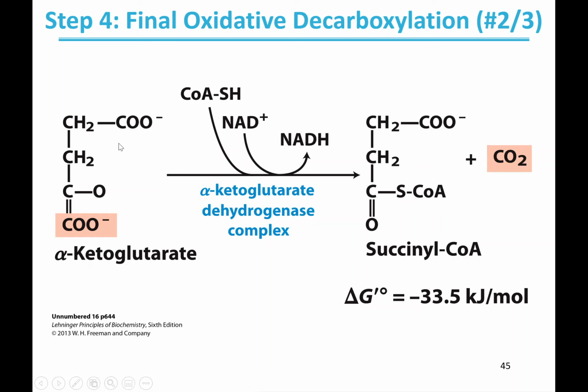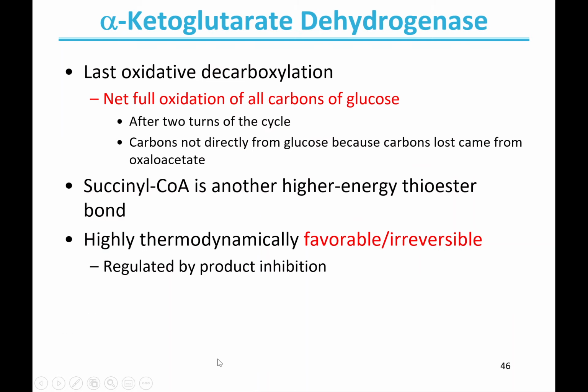If you look at the two, they're similar in structure; alpha-ketoglutarate is just a couple carbons longer. This utilizes coenzyme A and NAD+ as coenzymes. And just like the pyruvate dehydrogenase complex, this is a very thermodynamically favorable step.